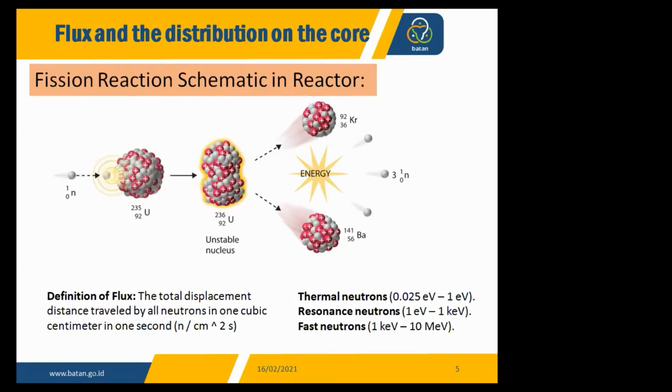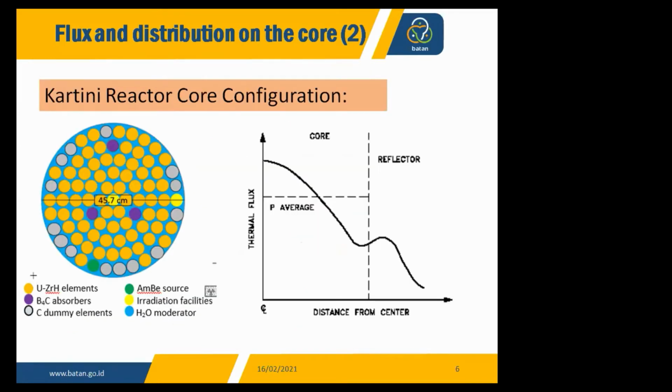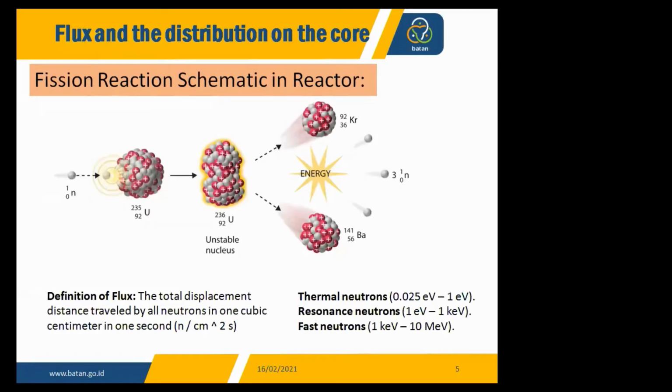After that, a measure of the intensity of neutron radiation is determined by the rate of flow of neutrons. Neutron flux value is calculated as the neutron density multiplied by the neutron velocity, where neutron density is the number of neutrons per cubic centimeter and neutron velocity is the distance the neutron travels in 1 second.